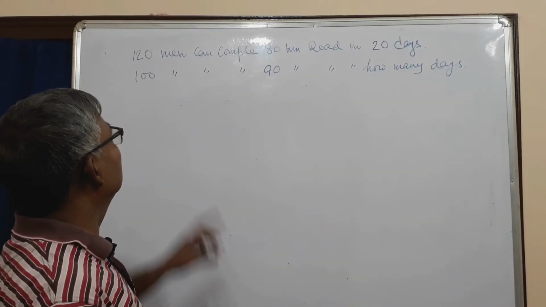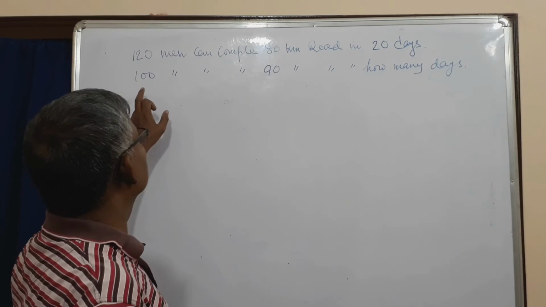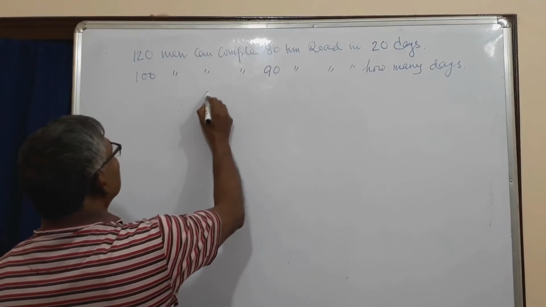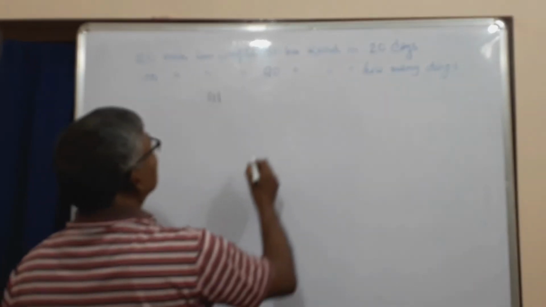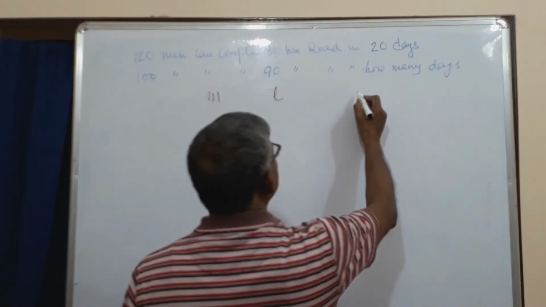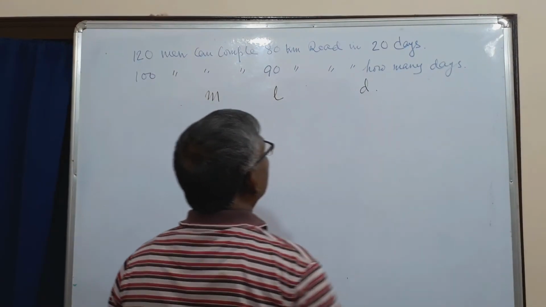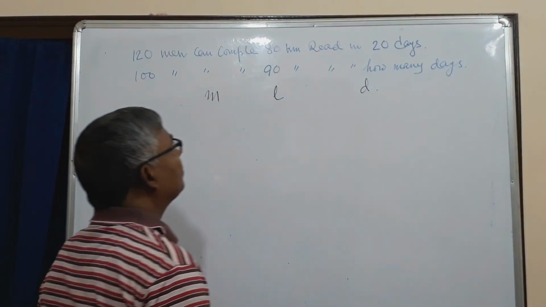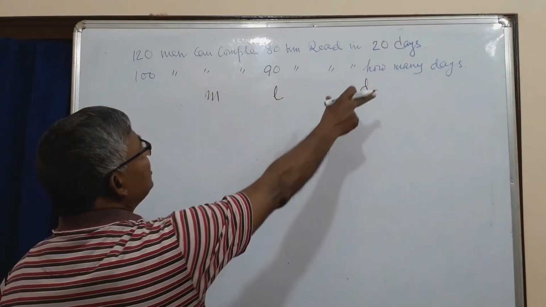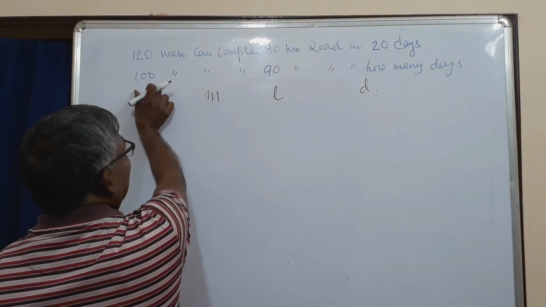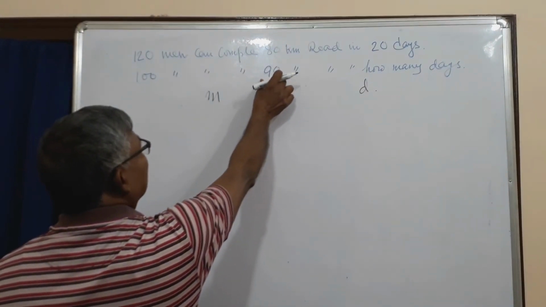Here we see there are three variables. Man is denoted by m, the length of the road is L, and the number of days is d. We have to find out the number of days. In how many days it will be completed with the help of 100 people, and the total length of the road is 90.